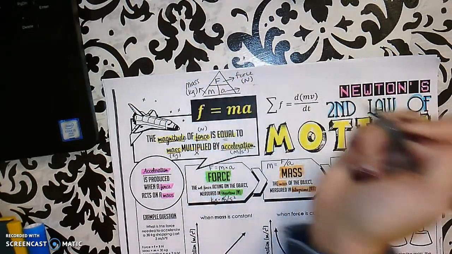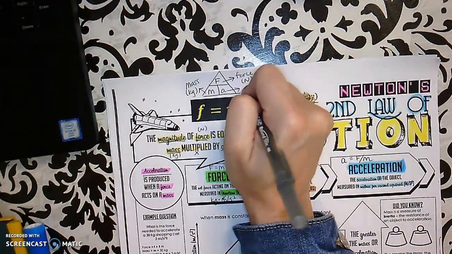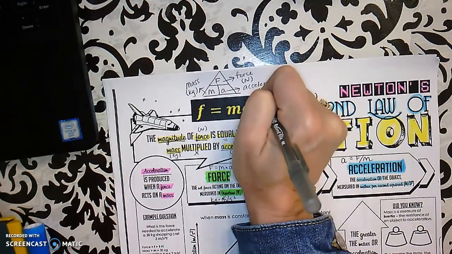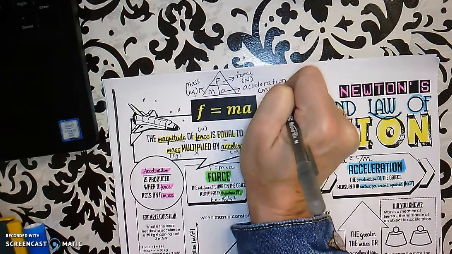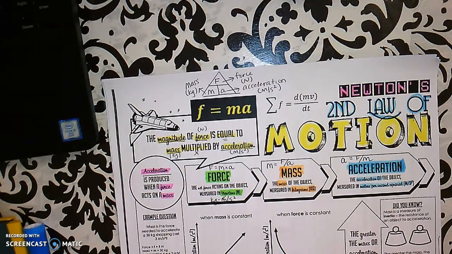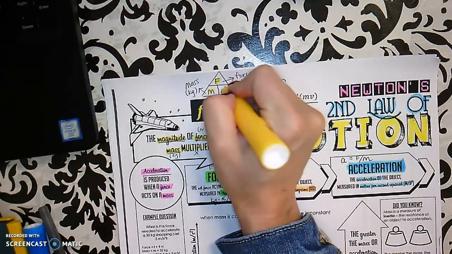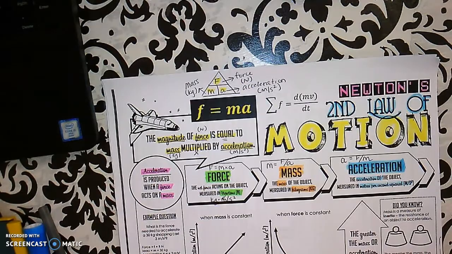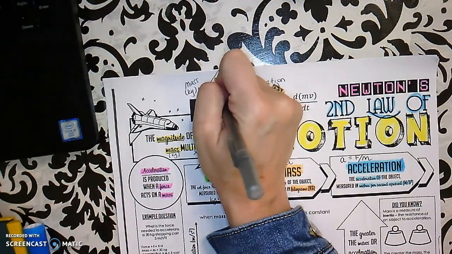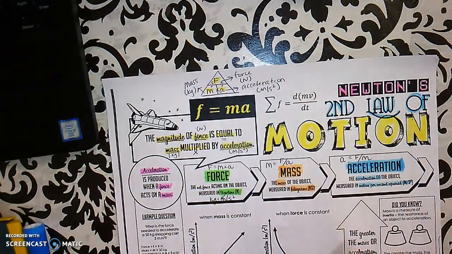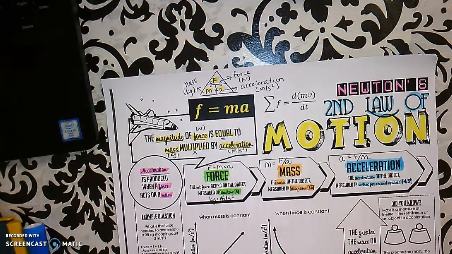And acceleration is also going to go on the bottom. That's meters per second squared. And that is our F equals MA triangle. Remembering how this works, side by side we multiply, one over the other we divide. We've got some good practice problems later on in this lesson where we will practice all of that.